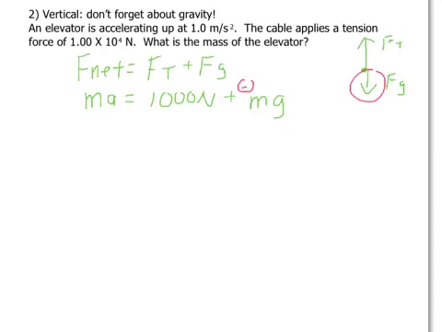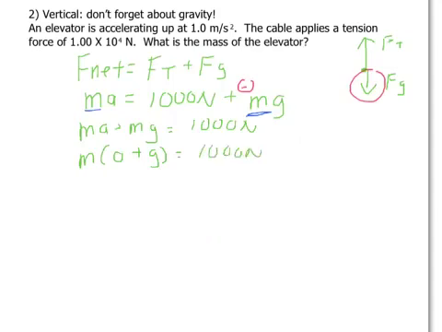And we're asked to find the mass of the elevator. Right now, mass is in two places. However, we need to move them to the same side of the equation. So if we add mg to both sides, we have ma plus mg equals 1,000 newtons. We can then factor out the m. So m times (a plus g) equals 1,000 newtons.